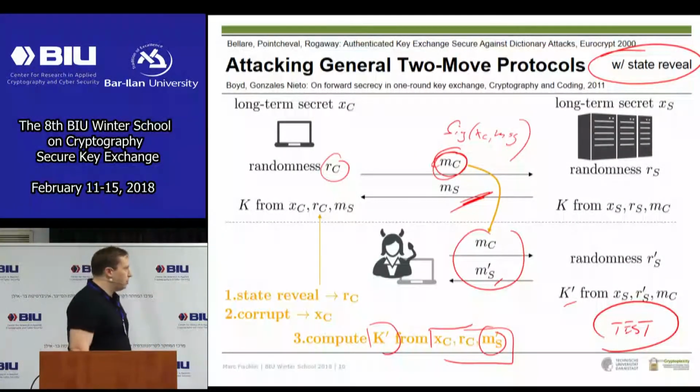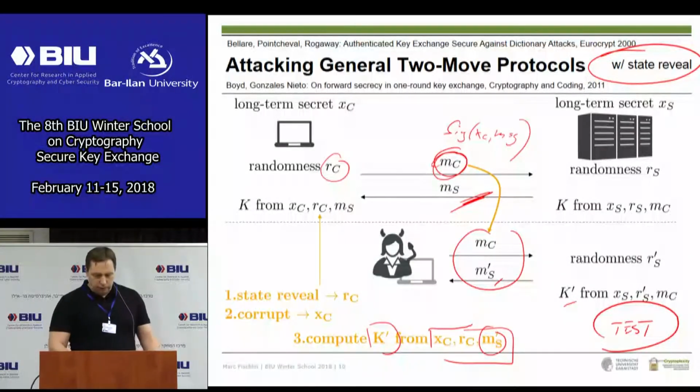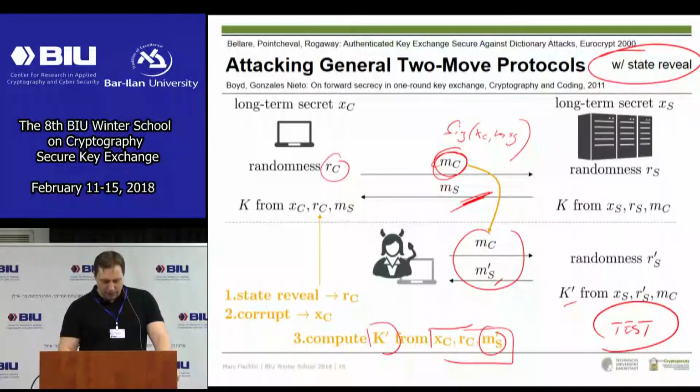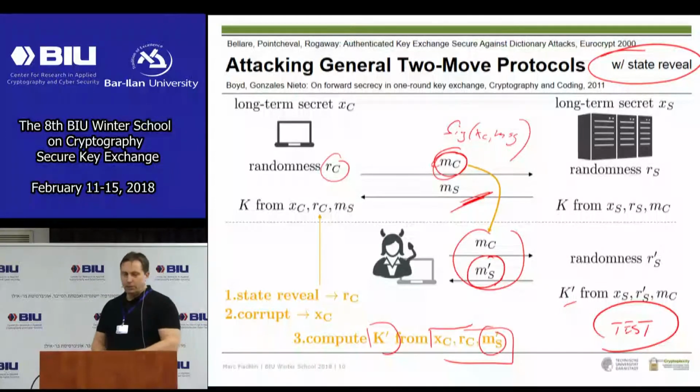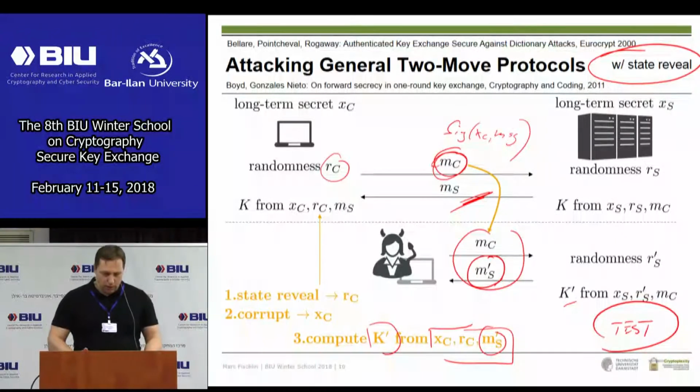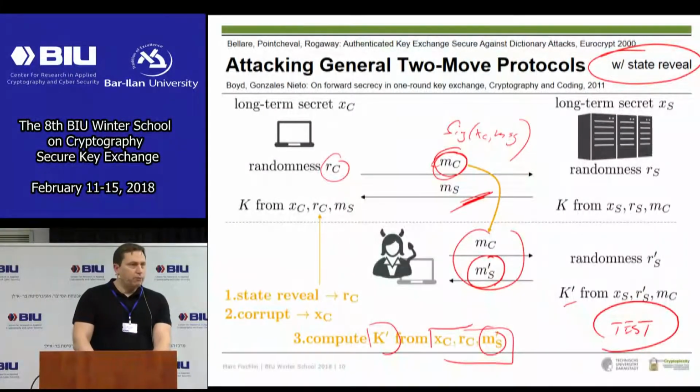Now this is the situation. If you distinguish the protocols according to implicitly authenticated cases and explicitly authenticated cases, like sending a signature, and the model according to whether you can do state reveals or you cannot, then we've just seen that if I have no session state reveal, I can still mount the attack on implicitly authenticated protocols.